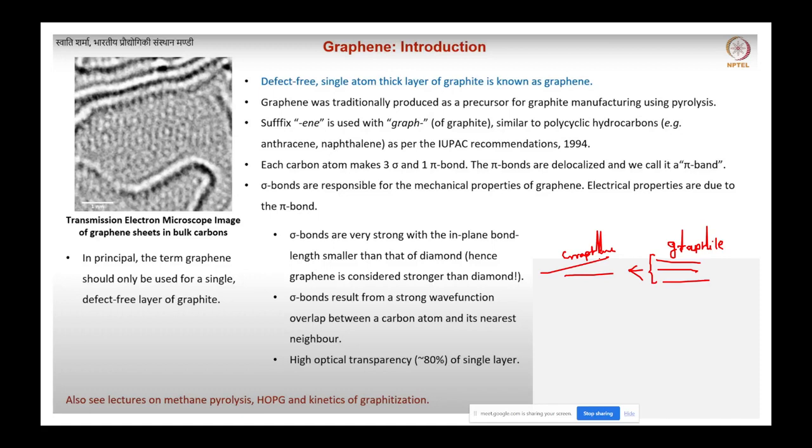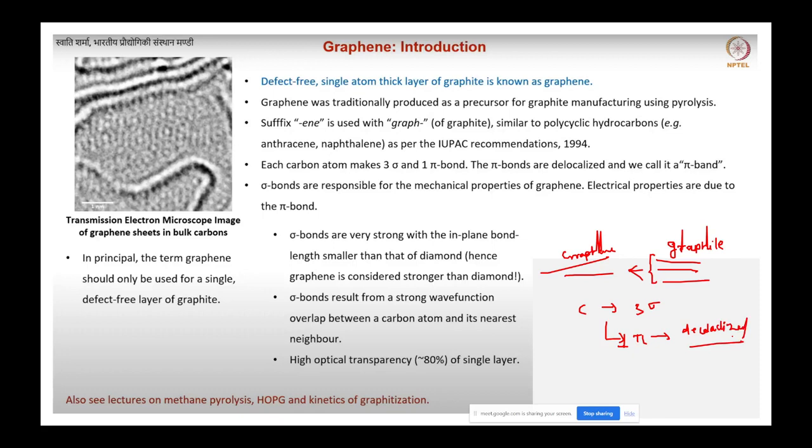In graphene, each carbon atom makes 3 sigma bonds and 1 pi bond. These pi bonds are delocalized, and we call it the pi band.